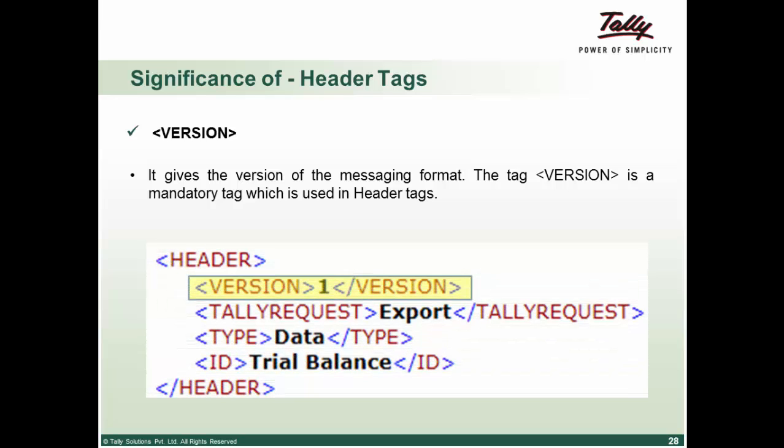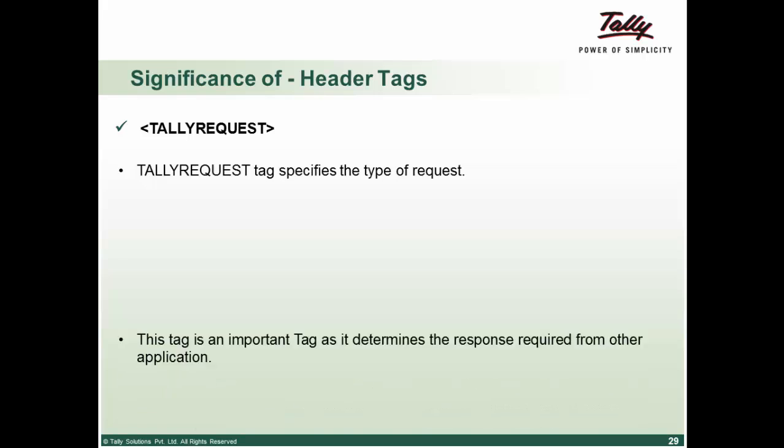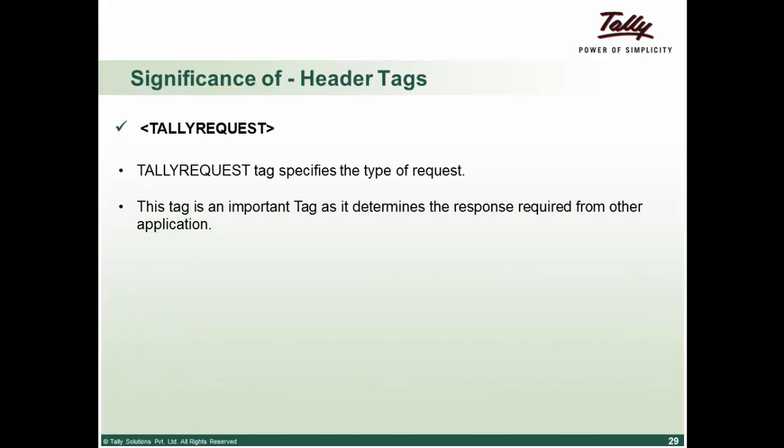So this is how it is. So header having a version tag. Then we have tally request tag. Tally request tag specifies the type of request. The tag is an important tag as it determines the response required from the other application.